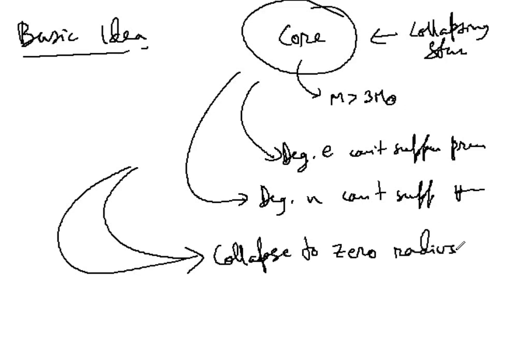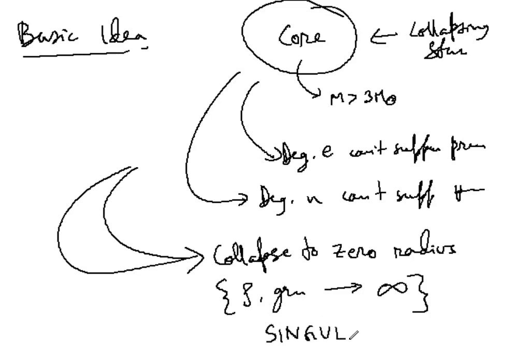So what will happen to the density and gravity? Because of collapsing to this, both density and gravity become infinite. This is the very definition of a singularity. Of course, in physical terms, it is difficult to imagine an object of zero radius.